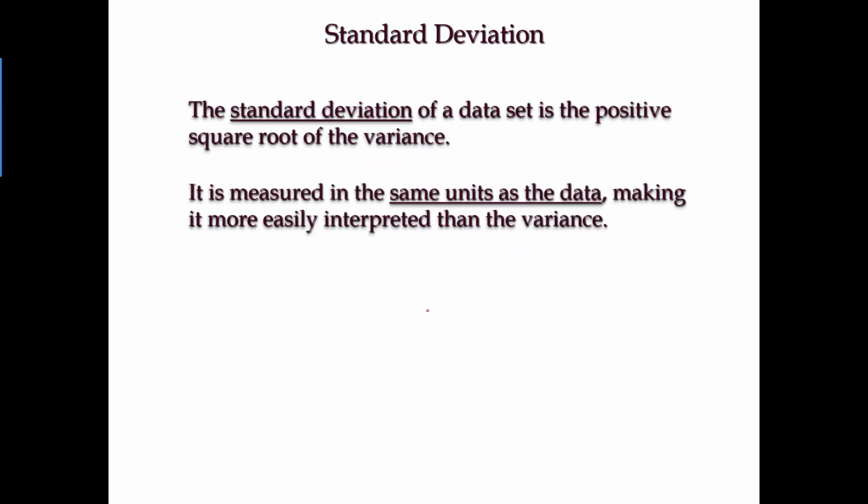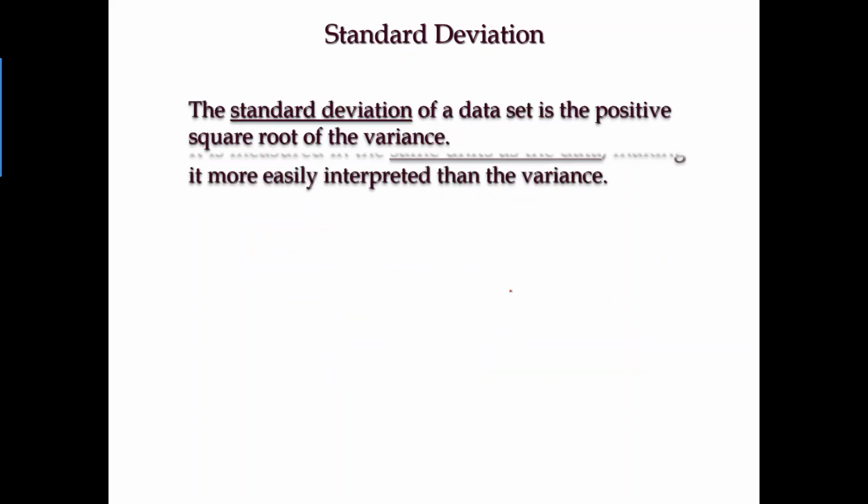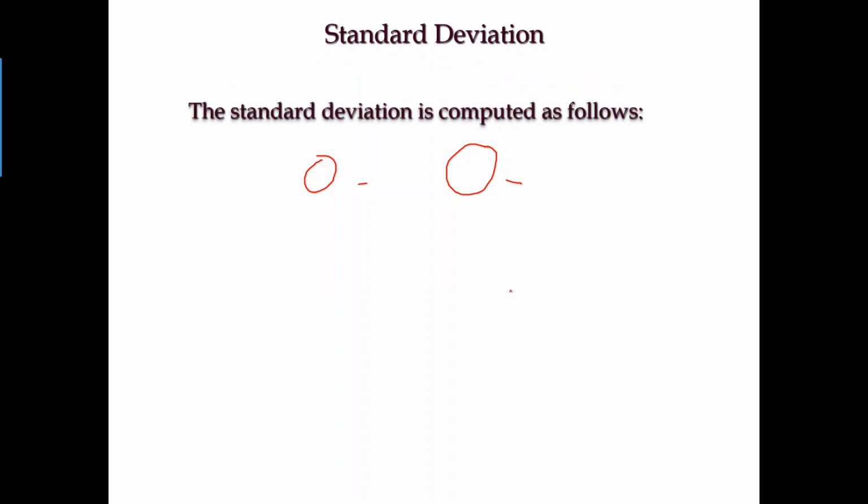In the previous slides, we learned that the sample variance and population variance, when we calculate them, end up with different numbers. Therefore, the standard deviation that is based on the variance will end up with 2 different outcomes for sample and population. Therefore, later when we look at Excel, we actually have 2 different formulas for sample and population, for standard deviation and variance.